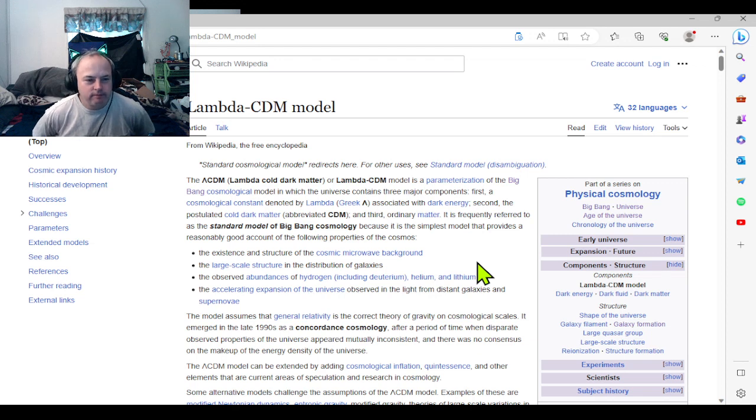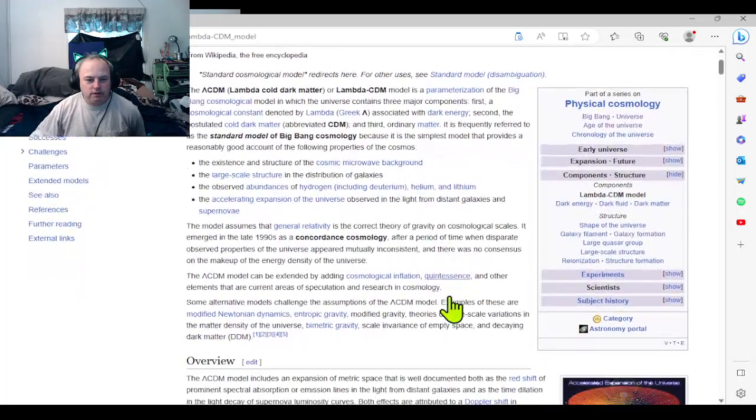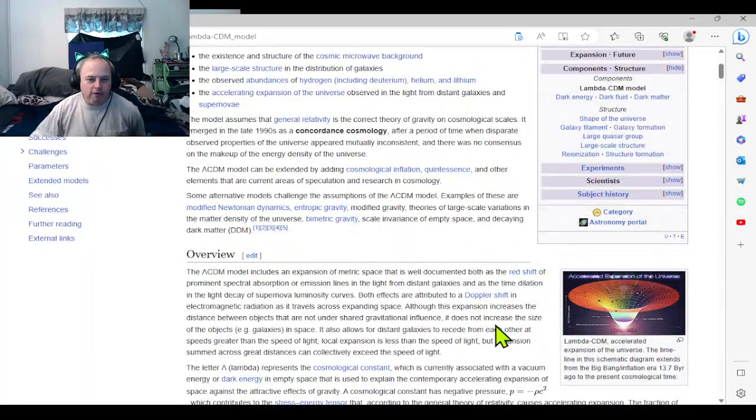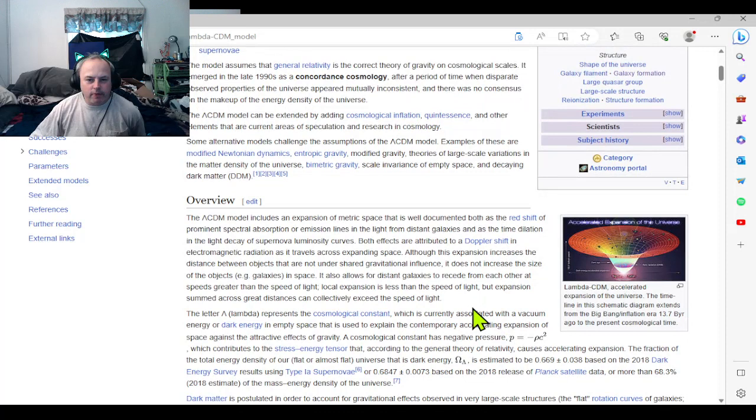So anyway, they're looking at microwave background, large scale structure, abundance of hydrogen, helium, lithium, expansion of the universe observed in the light from distant galaxies and supernovae. Accelerated expansion of the universe, a timeline schematic, the present, a cosmological time.